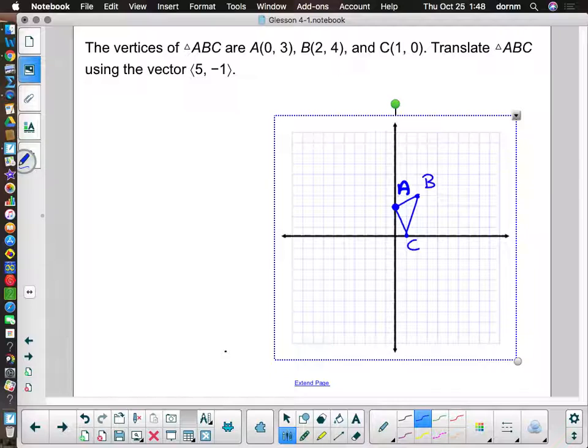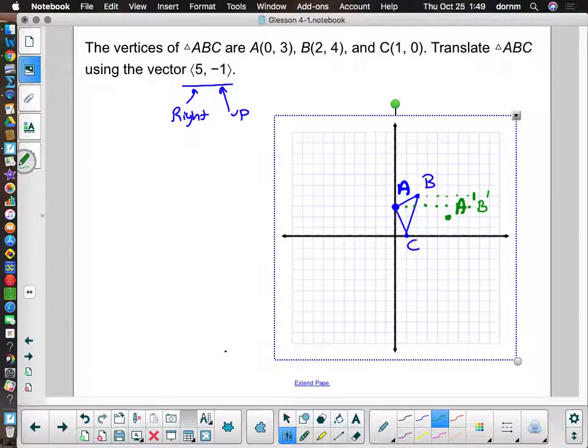And I tell you, I want to translate it using the vector <5, -1>. That means every x coordinate, we're going to go right 5 and up -1, or down 1. So to find A primed, I would go right 5 and down 1. And there is A primed. To find B primed, I would go right 5 and down 1.